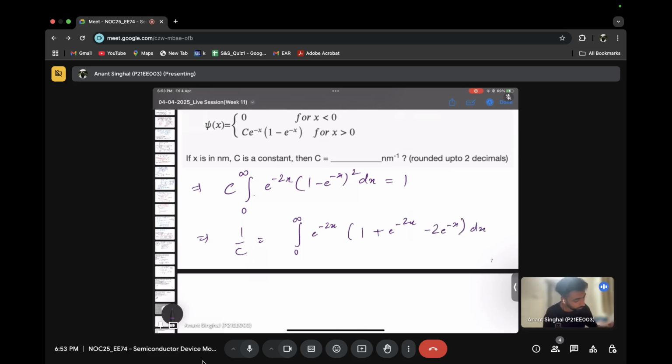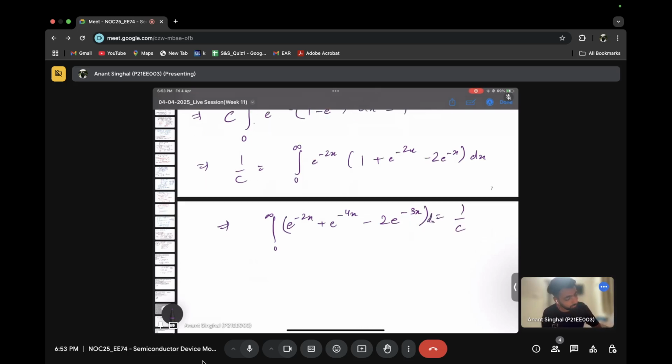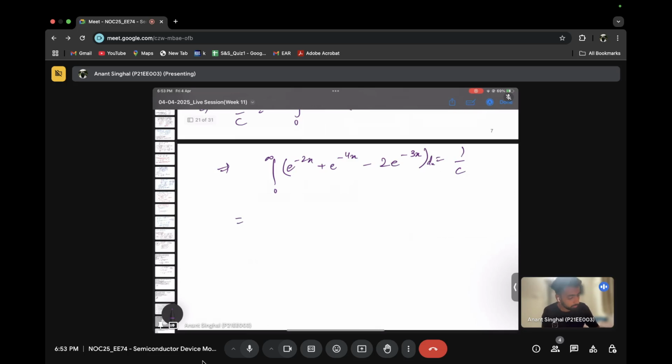Please let me know if I'm doing anything wrong. So this is the integral from 0 to infinity of e to the minus 2x plus e to the minus 4x minus 2 e to the minus 3x dx, equal to 1 by c.